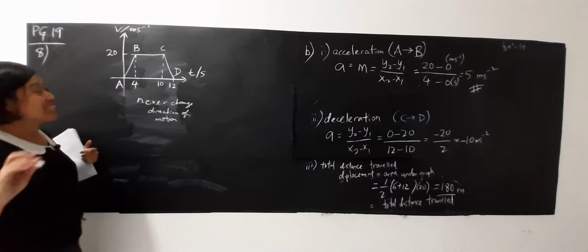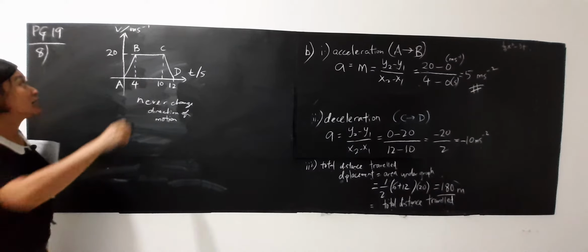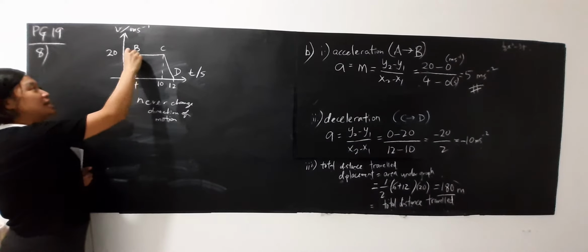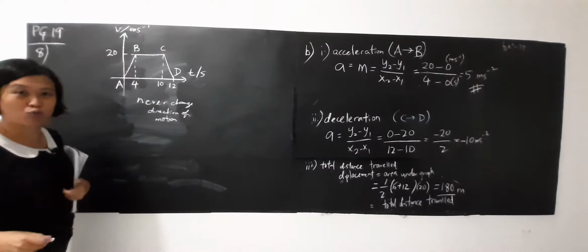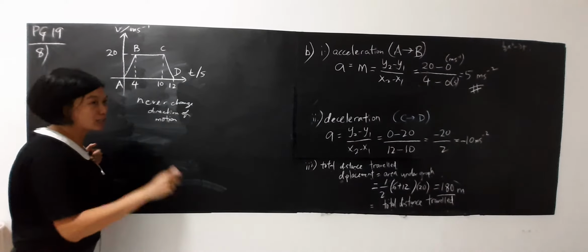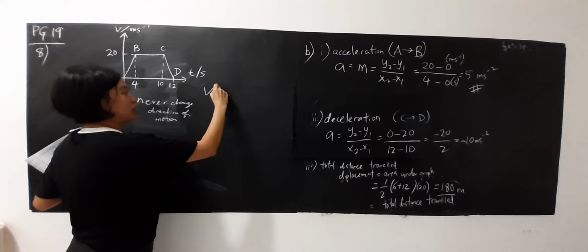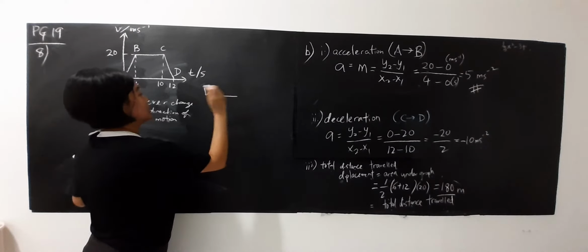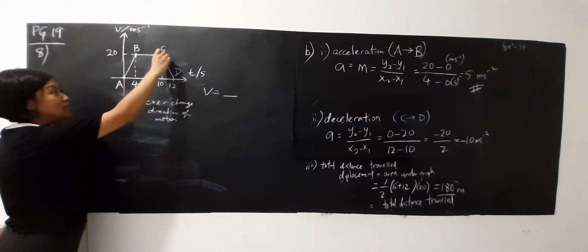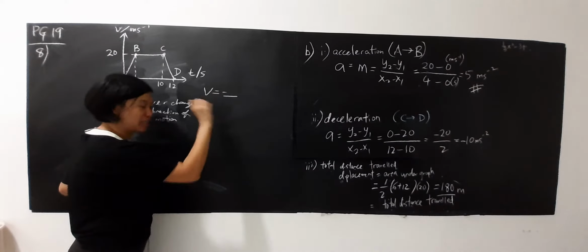I found that the value of v in this graph always takes a positive value. It maintains the same sign convention for the velocity. For example, this one 0, this one positive 20, this one positive 20, this one 0. It never takes a negative sign in this question.